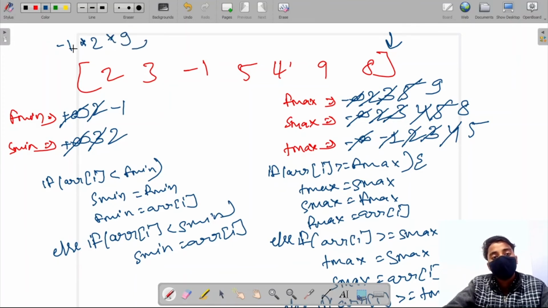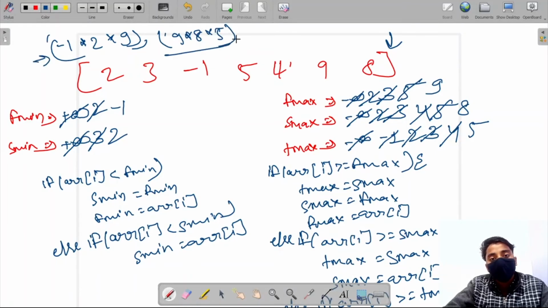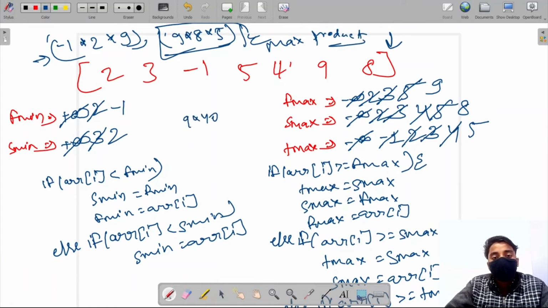So we need to check the maximum between these, and this is 9 into 8 into 5. Here we can see the other product will give us a negative value. Obviously this value is the max product, which is 9 into 40, that is 360.